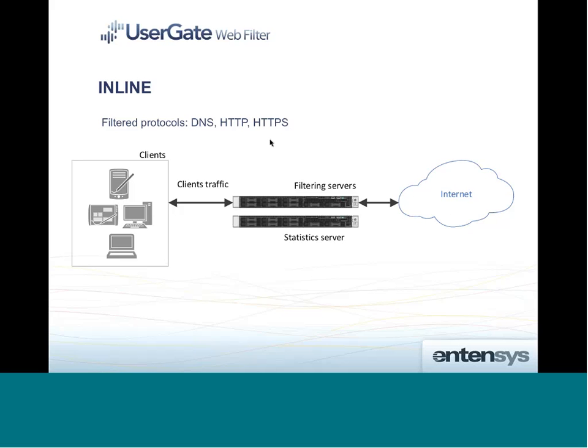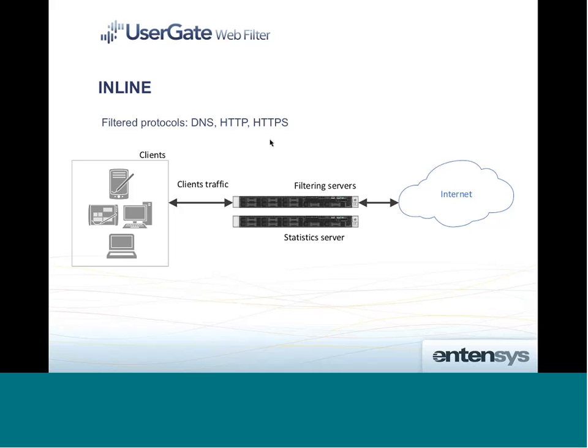Again, the statistics server can be a separate computer, but if the load is not very high, it can reside on the same server as the filtering service, and this is actually the default. So again, it's easy, it's fast, and it's for small offices. Well, actually, it can be not very small, because one server can filter, if you talk about HTTP and HTTPS filtering, up to 350 megabits per second.